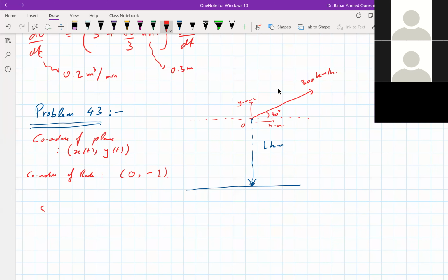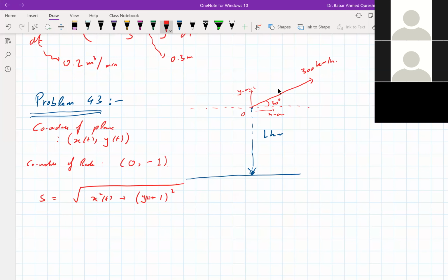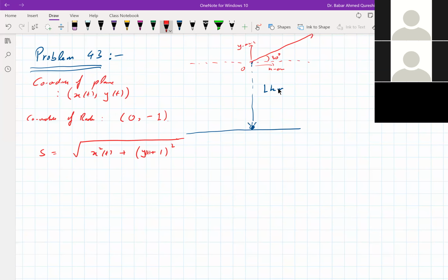So the distance is the square root of x square plus y minus -1, so y plus 1 square. Let me write it clearly: x of t square plus y of t plus 1 square.